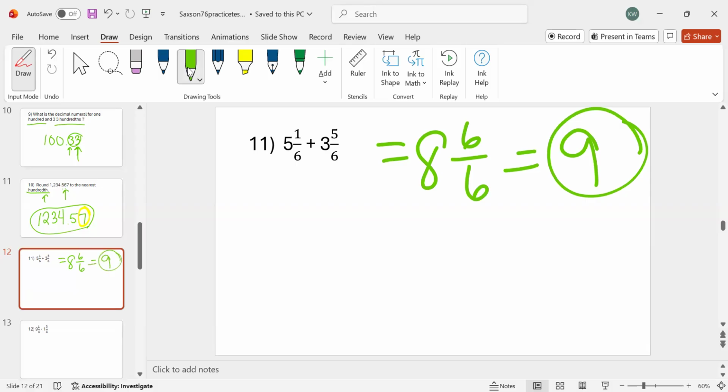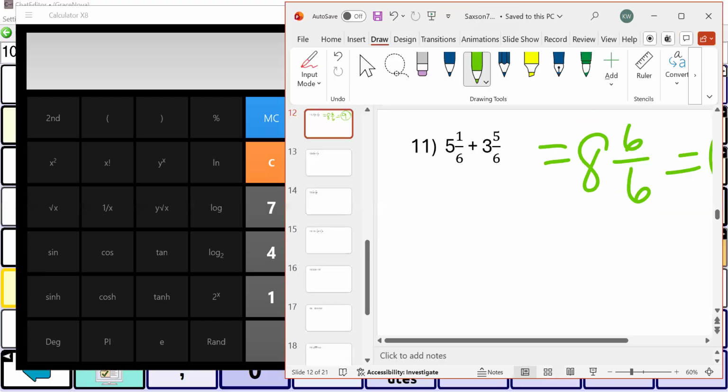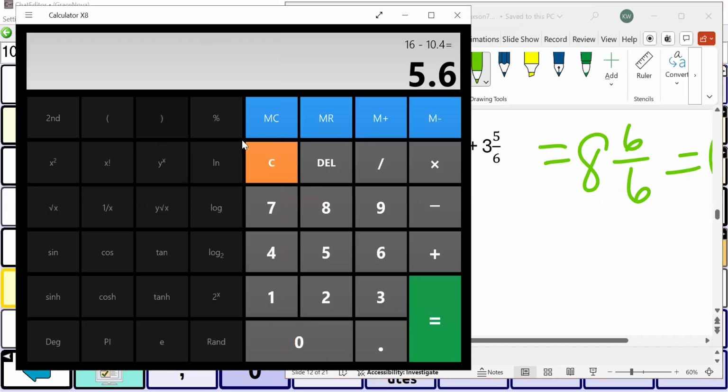Now, if we wanted to put this into our calculator to figure it out, let me shrink my stuff here so I can see our reference numbers again. 5 and 1/6 plus 3 and 5/6. So I am going to use my parentheses to bunch things up appropriately. So 5 and 1/6, I'm going to write as a parenthesis, then 5 plus 1/6. So there's another parenthesis, 1 divided by 6. So there's the sixth, and there's 5 and a sixth.